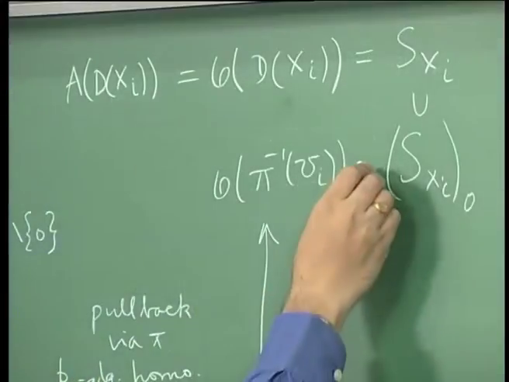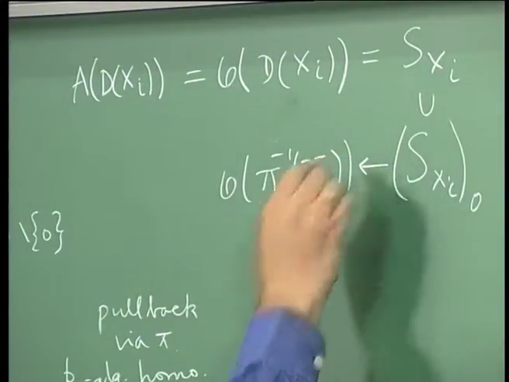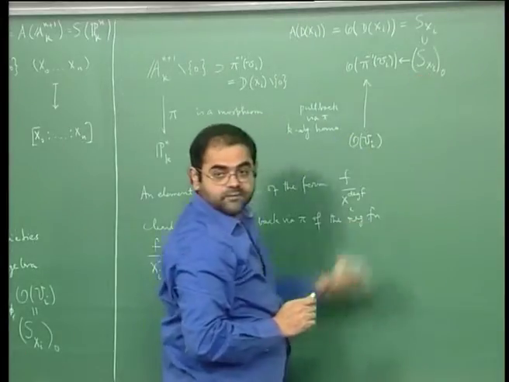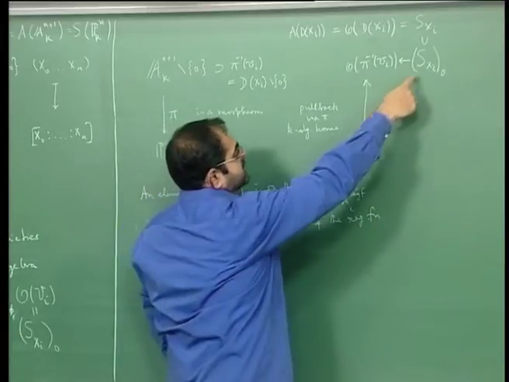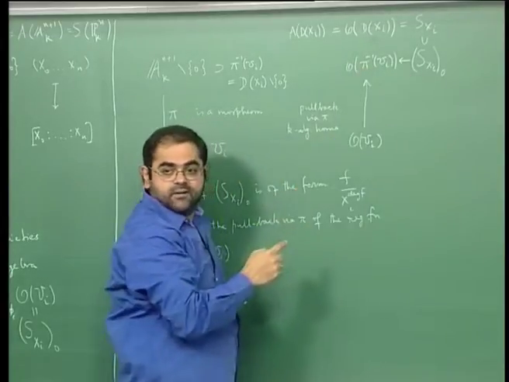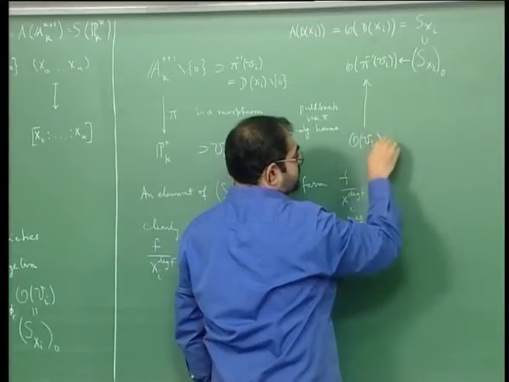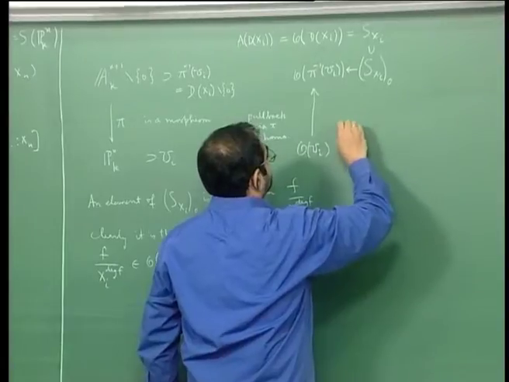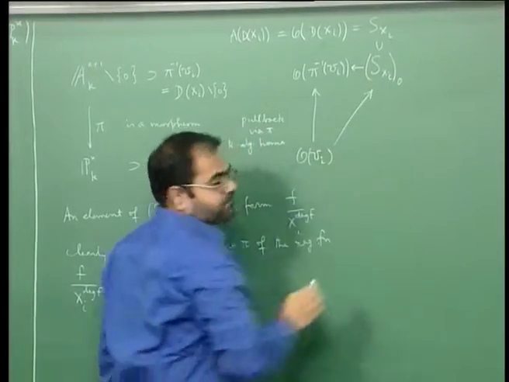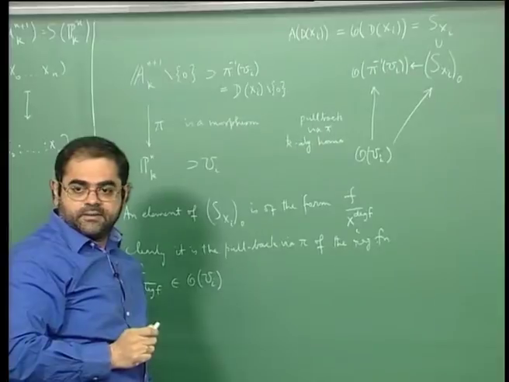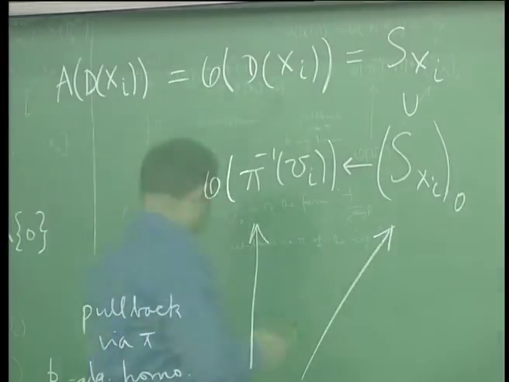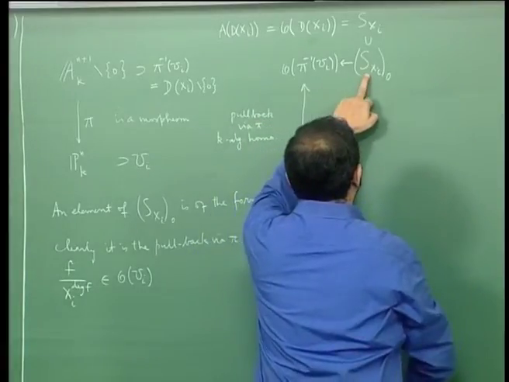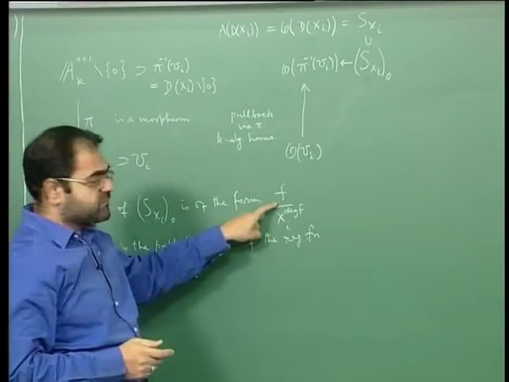All right, I want to say that there is a map like this. You start with an element here. An element here is certainly a regular function here, and it comes from a regular function here. So let me explain. You start with an element here. This element is of this form.